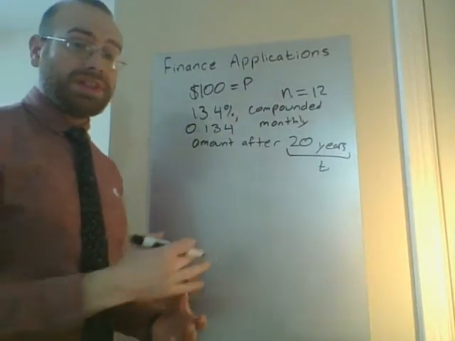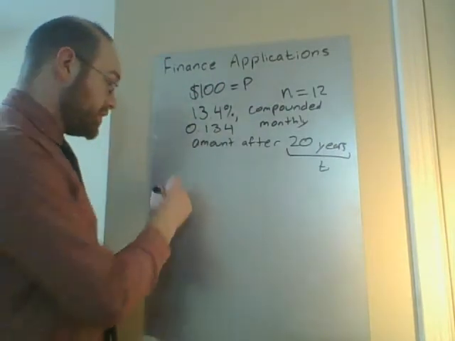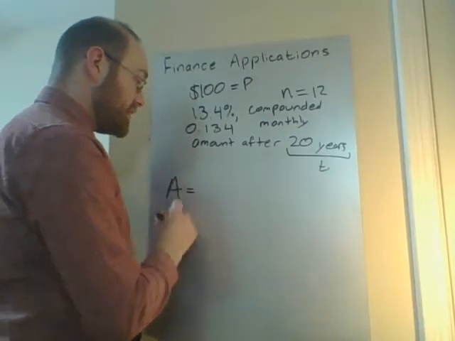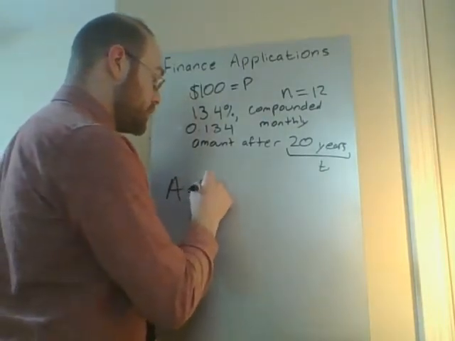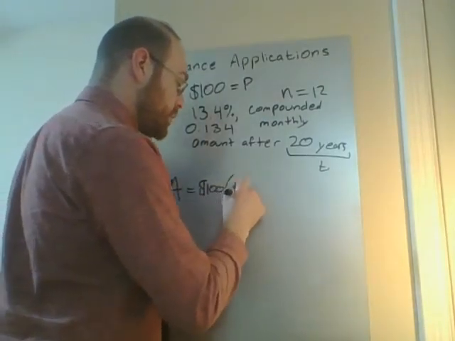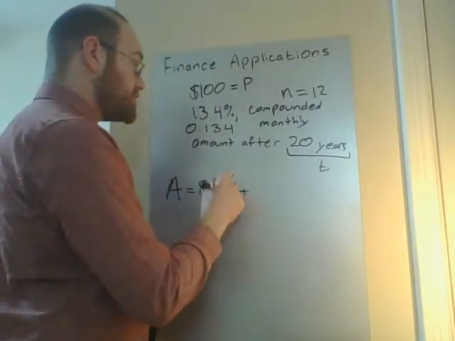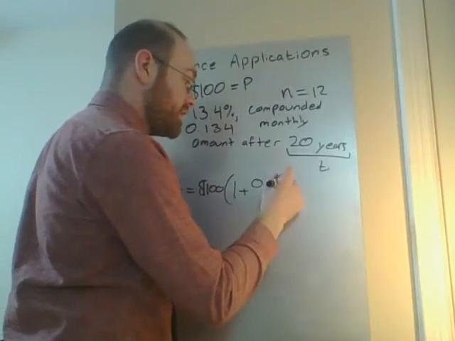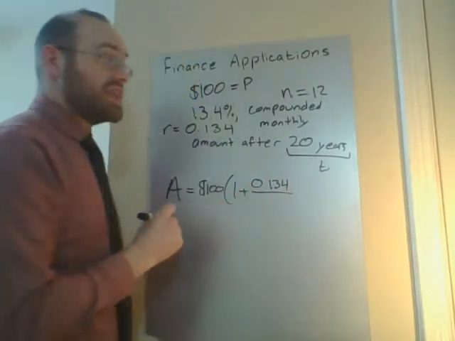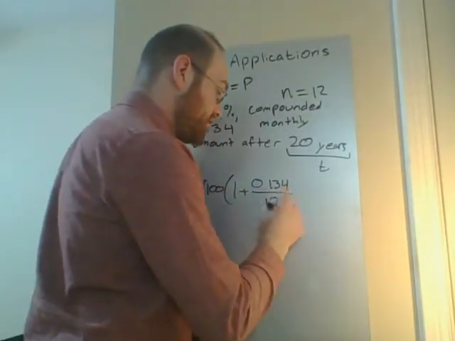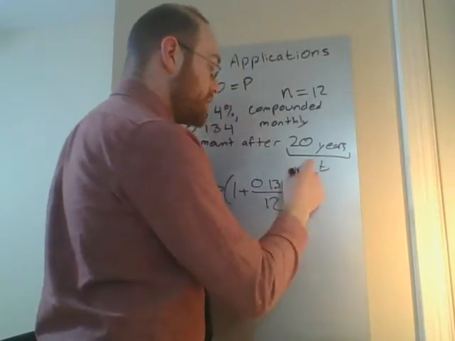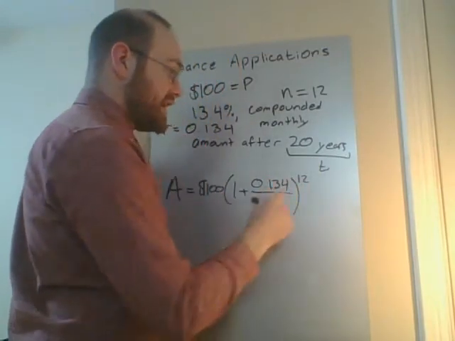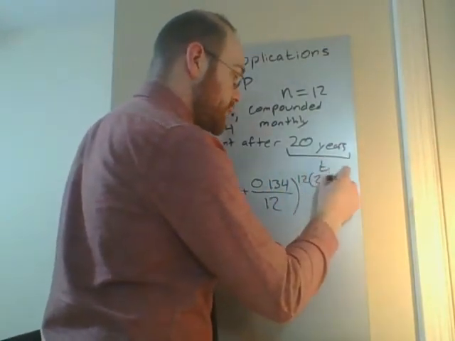All we have to do is plug this into our formula. So A is equal to the principal, $100, times (1 plus our interest rate R. So R is 0.134, all divided by N, which is 12), all to the power of 12, that's N, times T, which is 20.